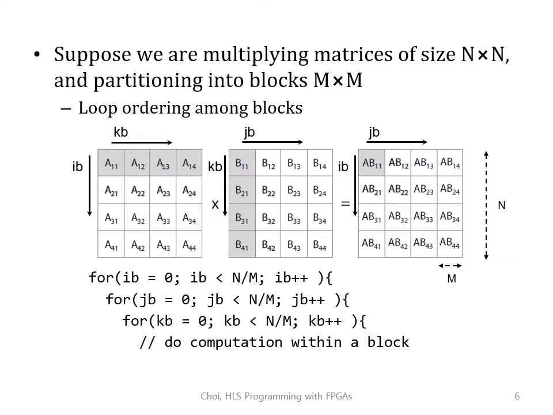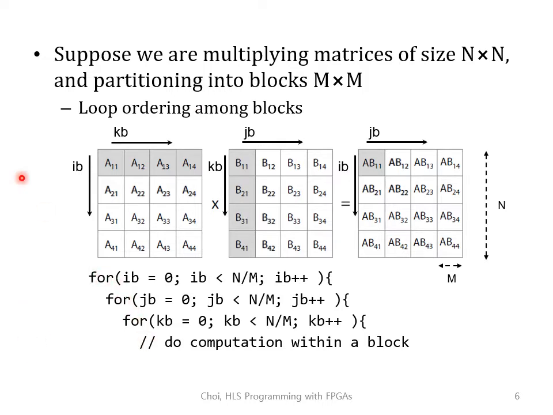Suppose that we're multiplying matrices of size n by n, and we're partitioning them into blocks of m by m. So this is the matrix size, and this is the block size. We first need to decide on the order of block computation. There are several ways of doing this, but for convenience, let's just choose the most intuitive one, the IJK loop.